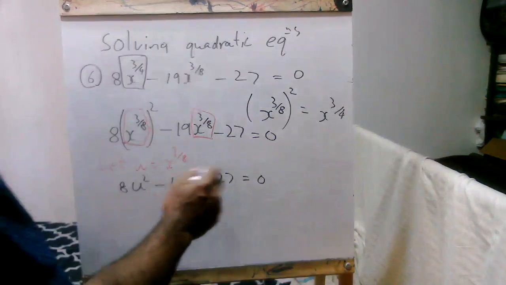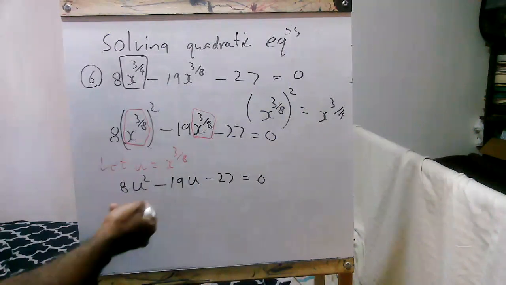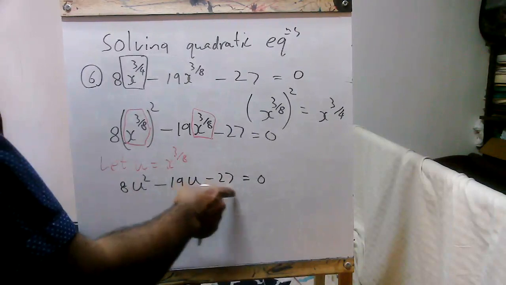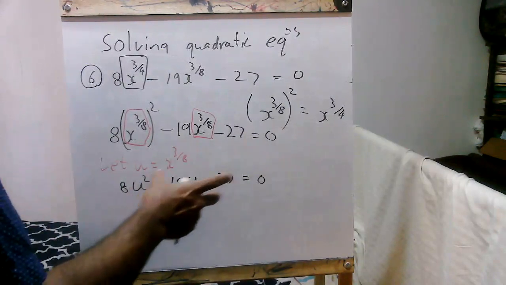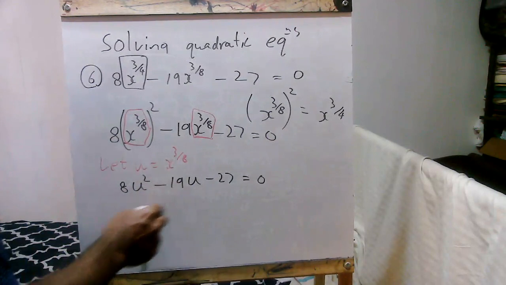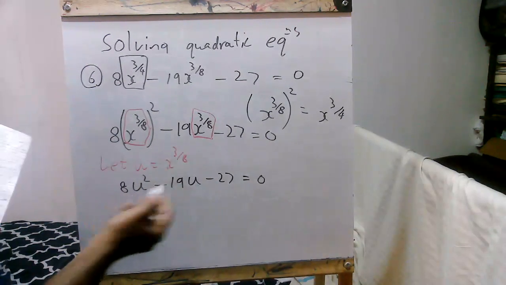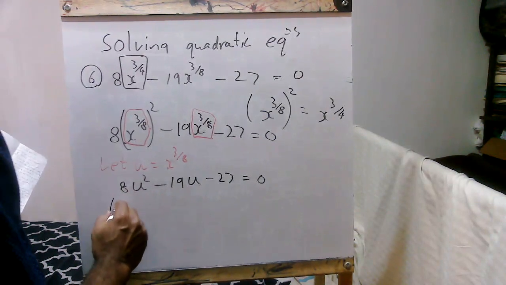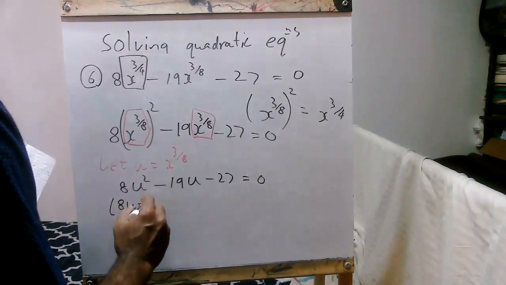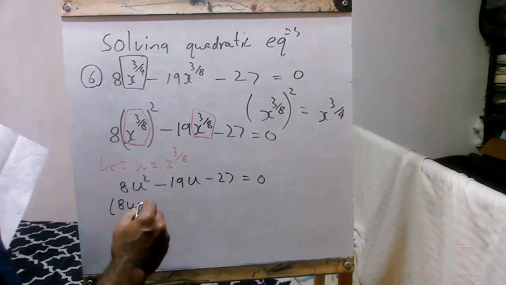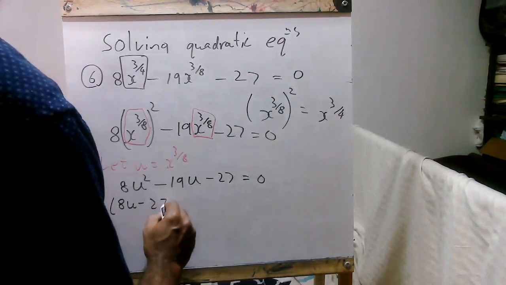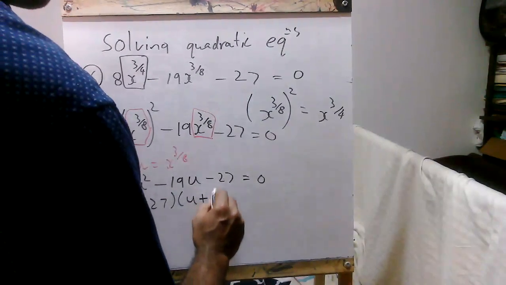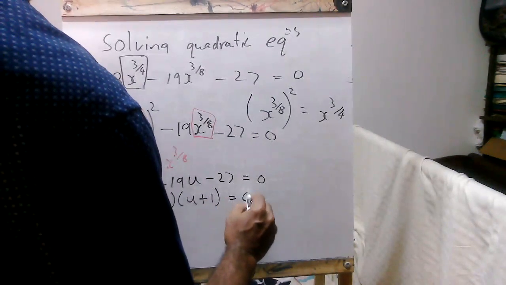Okay. You know how to factor this one. I'm not going to do it again. 8 times 27, get that number, then find two factors that give you negative 19. We can factor this out. I directly write the factors here. 8u minus 27, u plus 1 equal to 0.